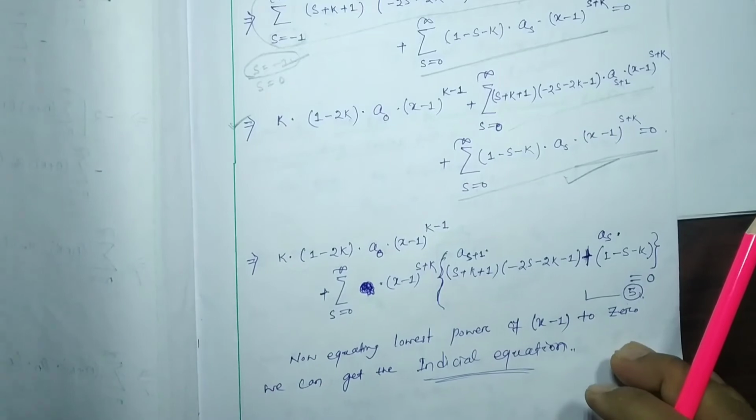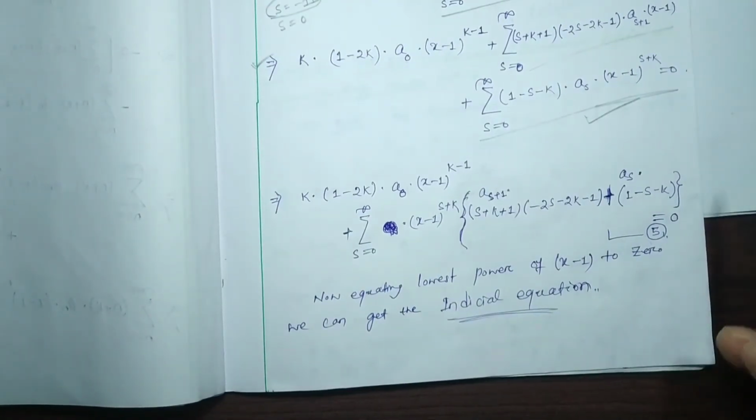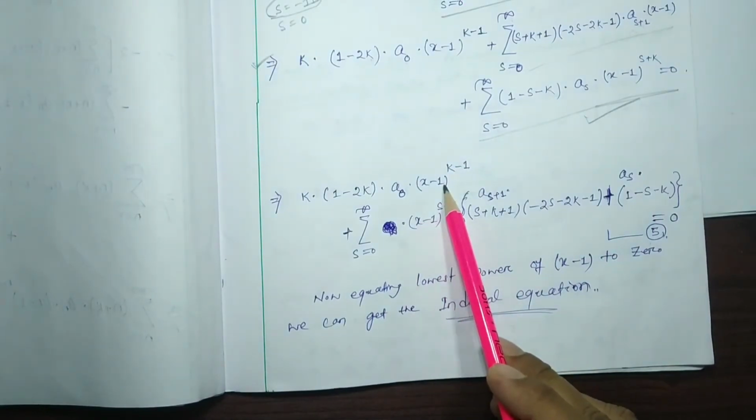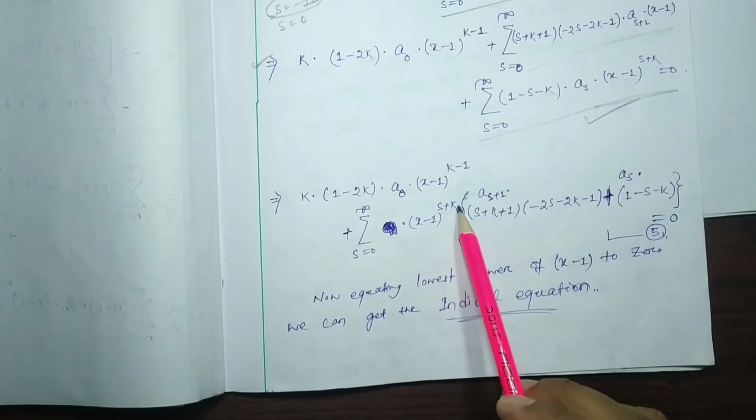Now here we found (x minus 1) has two powers, one is k minus 1, another is s plus k.